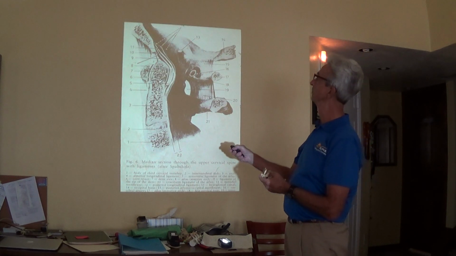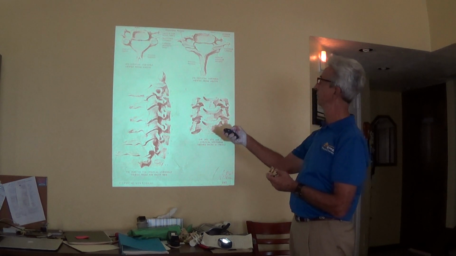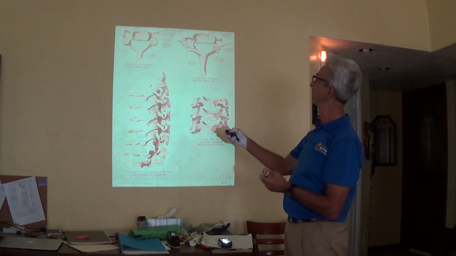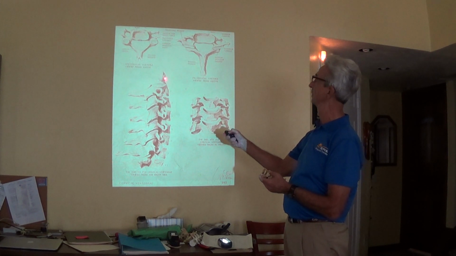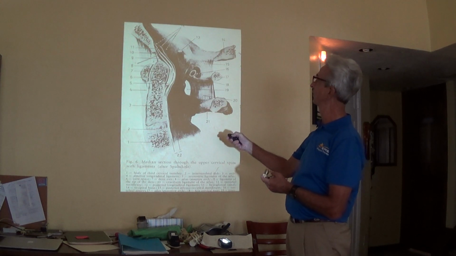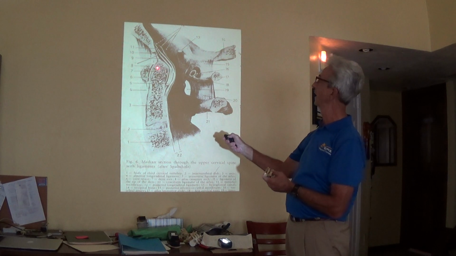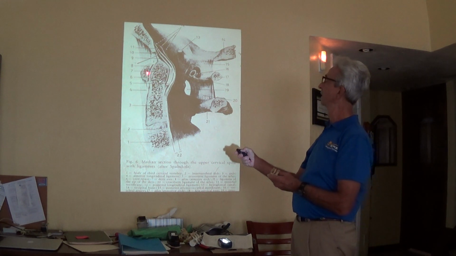You have your facet joints right here, and you also have a joint here on the dens and here on the dens, where the atlas rotates around the dens.